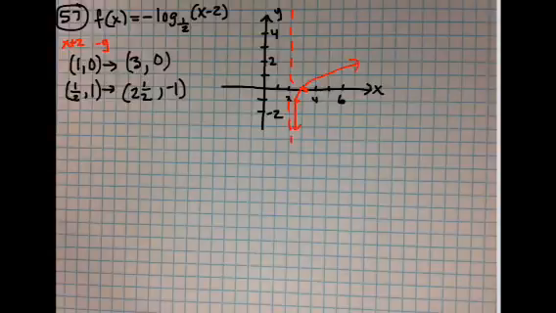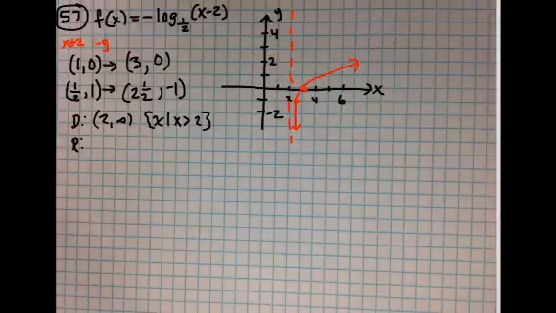We need to get the domain, the range, and list the intercepts. So domain, it's from 2 to infinity. Or you could say all x such that x is greater than 2. One or the other. Range is all reals.